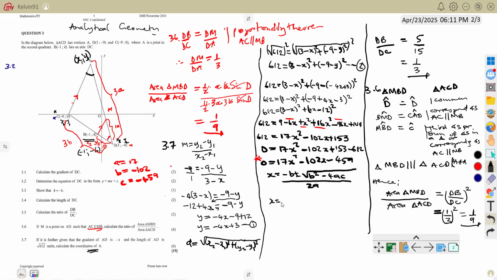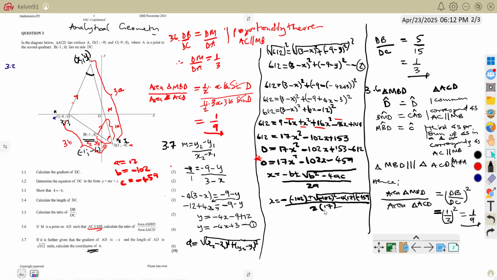So we are going to get minus our b, minus minus 102, plus or minus the square root of b squared, minus 102 squared, minus 4, our a is 17, our c is minus 459, all over 2, our a is 17.